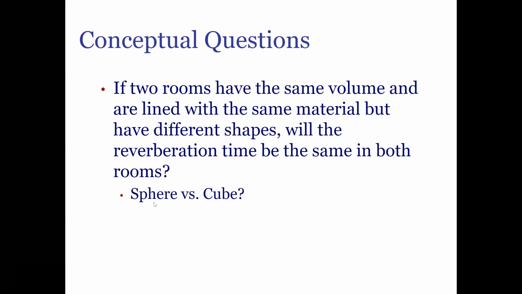Assuming that the radius and the side length are the same, 4 pi is about 12, and the cube has 6. A sphere would have a bigger surface area, and so it would have a bigger absorption, and thus a shorter reverb time.